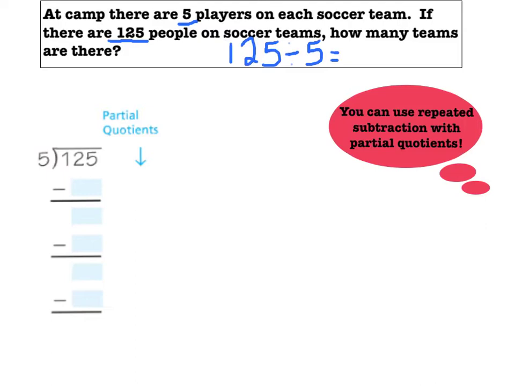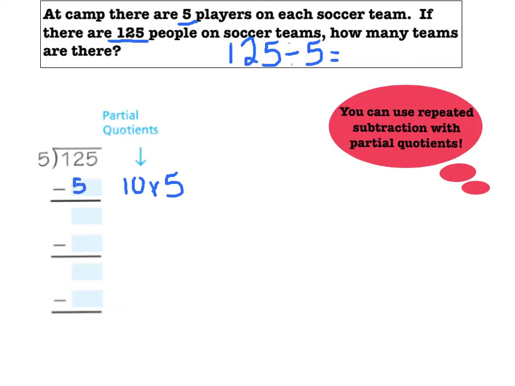But if I subtract a big multiple of 5, it will get me to my answer faster. So I know that 10 times 5 is 50, because I've been practicing my multiples, and I know that anything times 10 is going to be that number with a 0 on it.